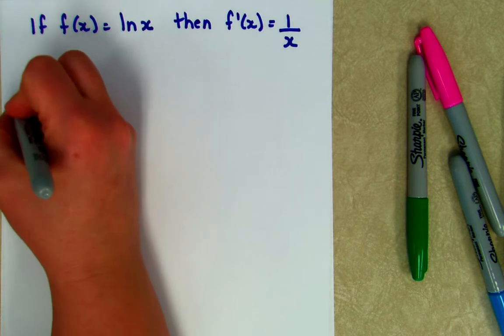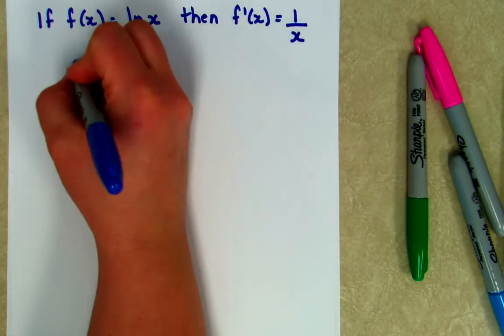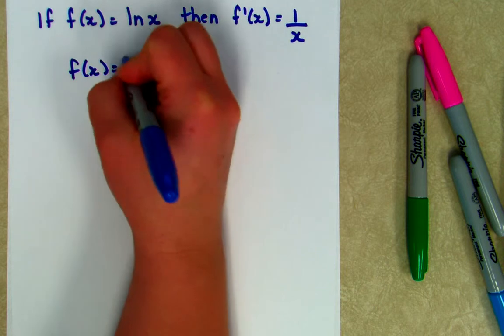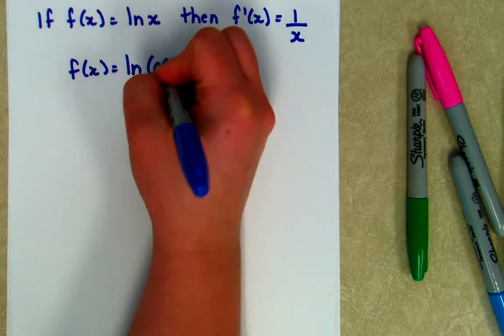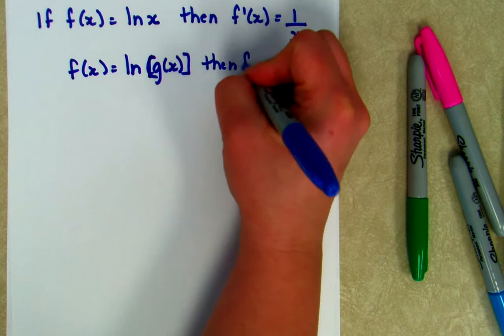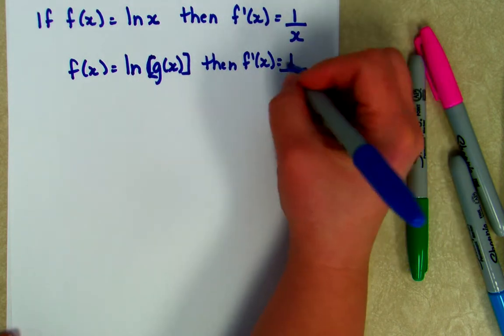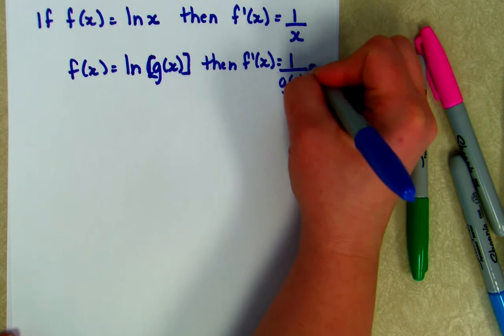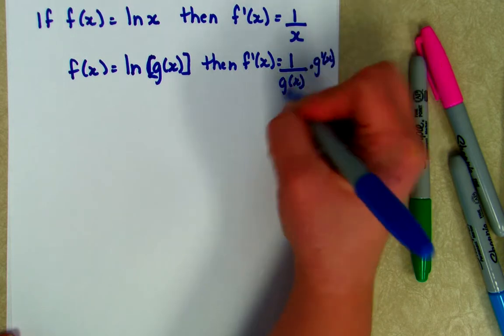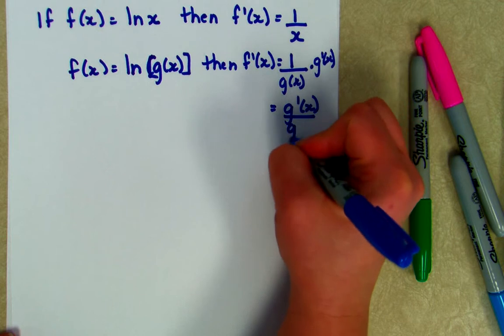And we can do some examples, and now chain rule is going to come into play as well, because if f(x) equals the ln of g(x), then f'(x) equals 1 over g(x) multiplied by g'(x), and you'll often see this just as g' over g.